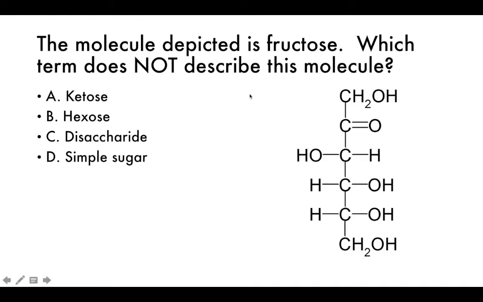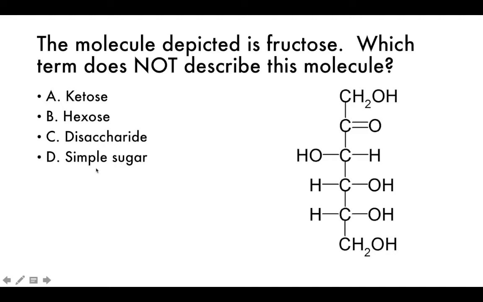Another way is by counting the number of carbons in the backbone of this molecule. Here we've got 1, 2, 3, 4, 5, 6. 6 carbon sugars are also known as hexoses, so both A and B are descriptive of fructose.